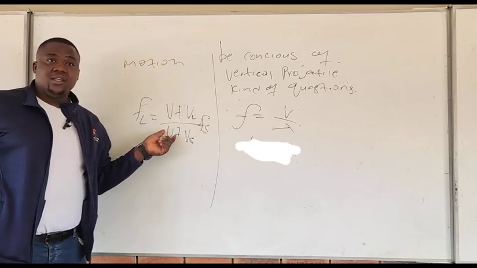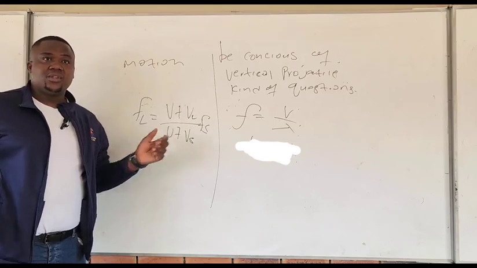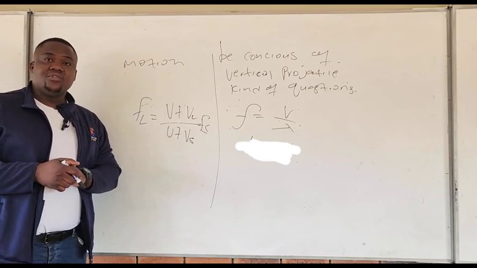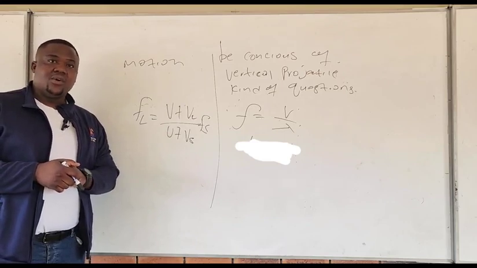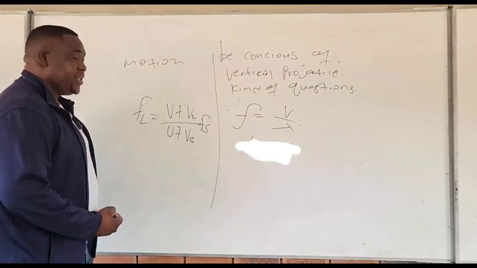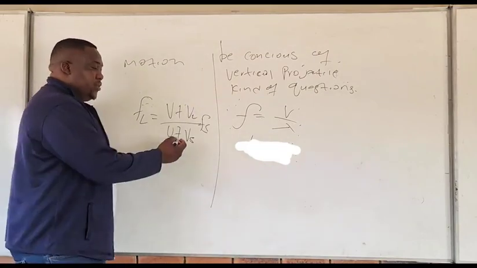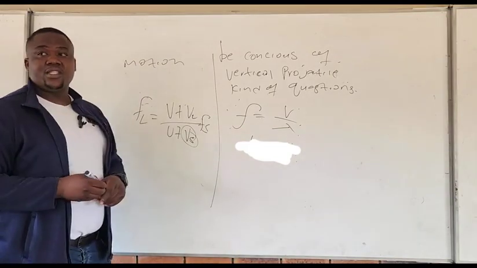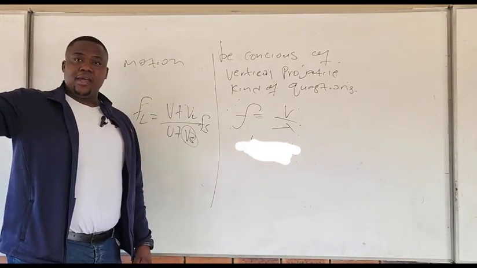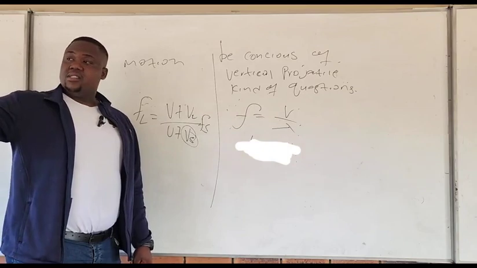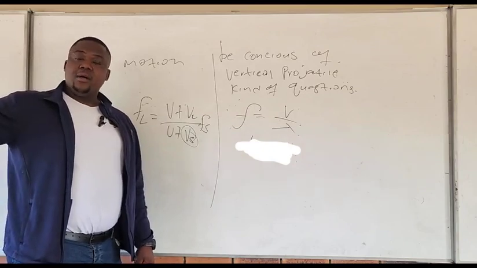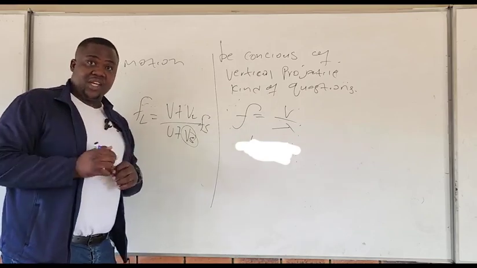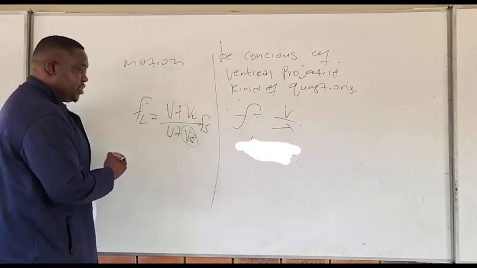We need the velocity of the source. Remember, the source was just dropped from a 15 meter high building, meaning that you need to calculate the velocity of that source using the equations of motion.